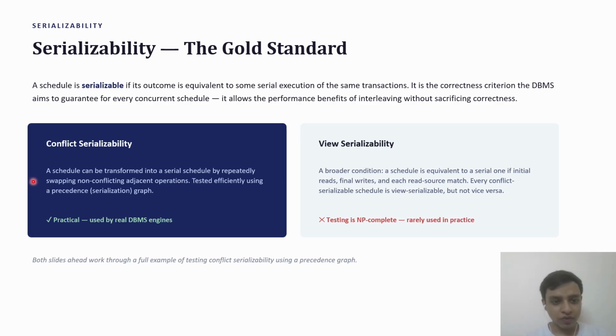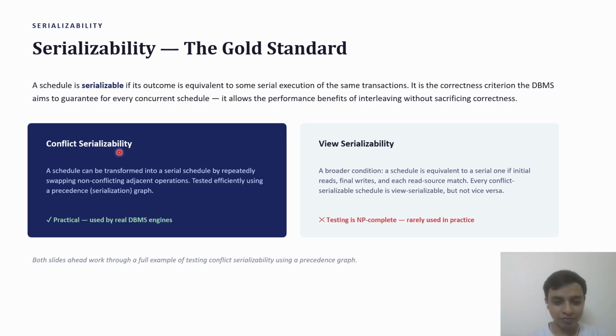One is conflict serializability. A schedule can be transformed into a serial schedule by repeatedly swapping non-conflicting adjacent operations. We cannot swap the operations which are in conflict, and we test it by making a graph. We'll see in an upcoming slide how we make the graph, which is called a precedence graph.